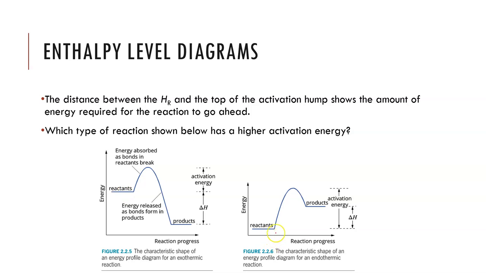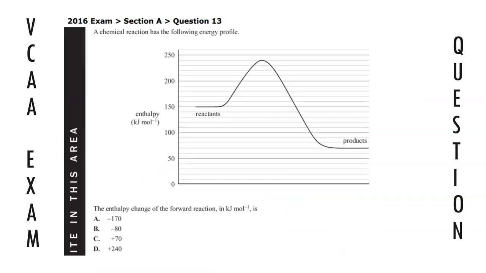The endothermic reaction will always have the products at a higher level than the reactants because energy needs to come in from the system to make that reaction occur. The difference here is more energy absorbed, whereas the difference there is energy that will be released.